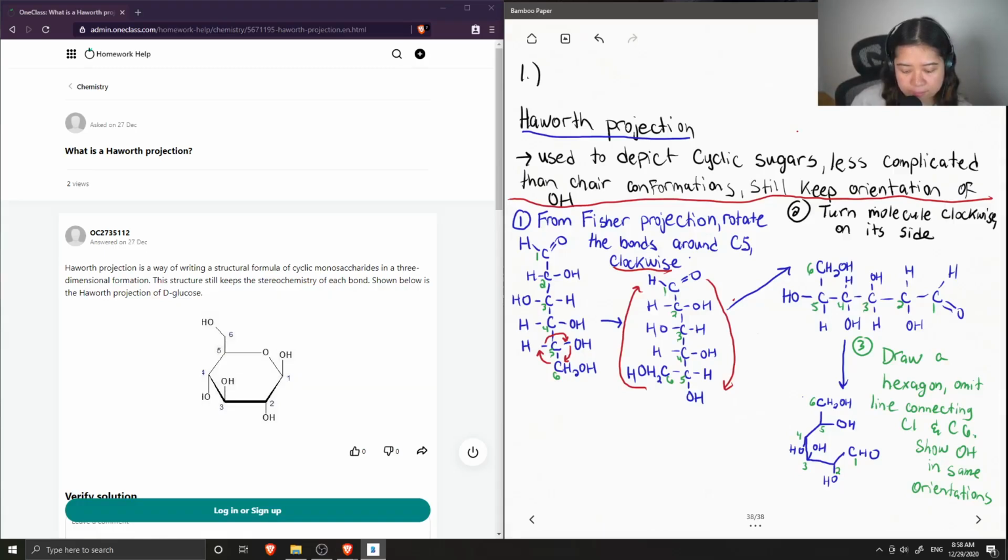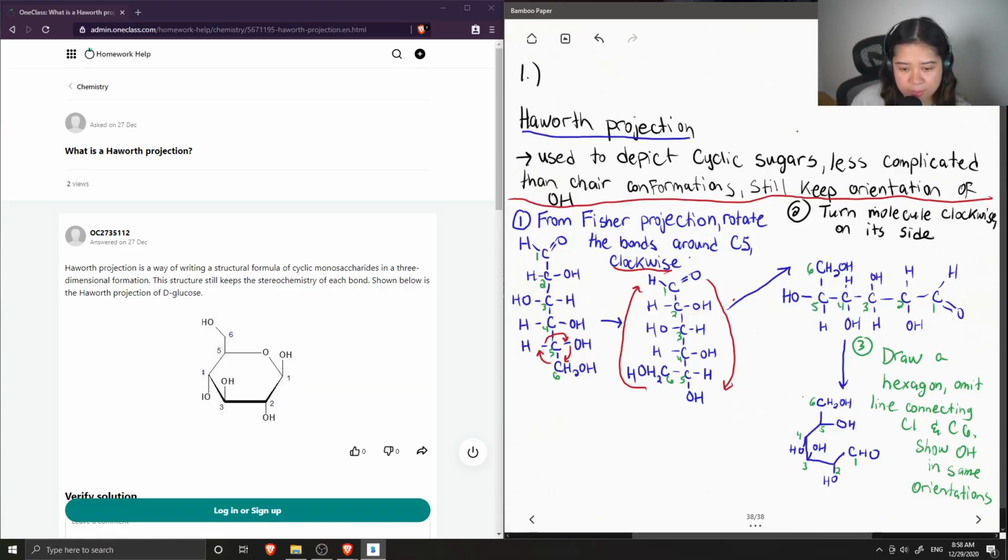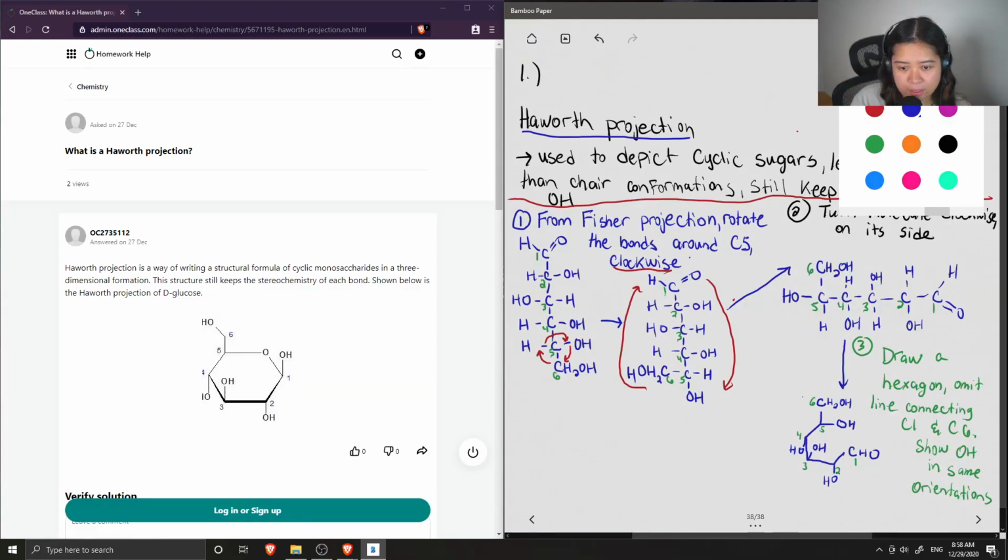And then I'm not going to connect carbons 1 and 6 just yet. I'll do that in the next step.